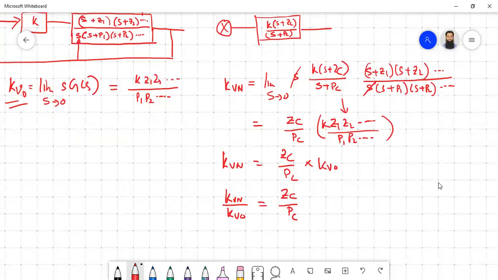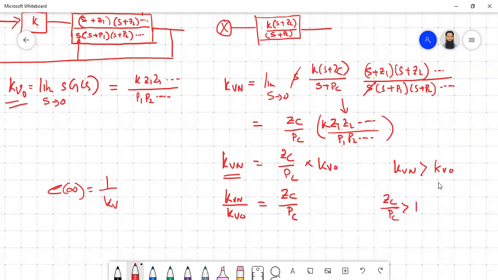Okay, so what do we want? Because your steady state error is basically 1 by Kv, isn't it? So the new Kv, we actually want it to be higher than the previous one. So what we want is Kv new has to be greater than Kv old. For that, ZC by PC has to be greater than 1, so ZC has to be greater than PC.